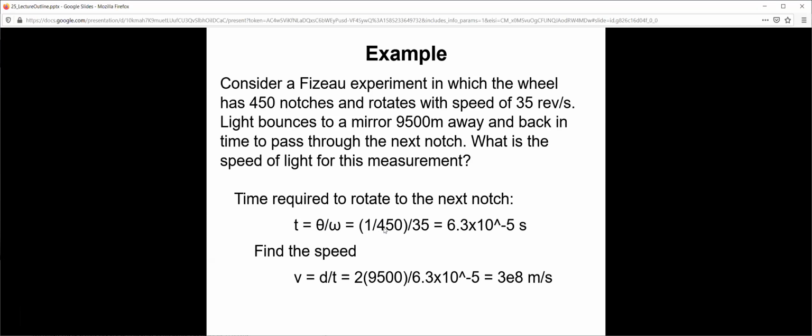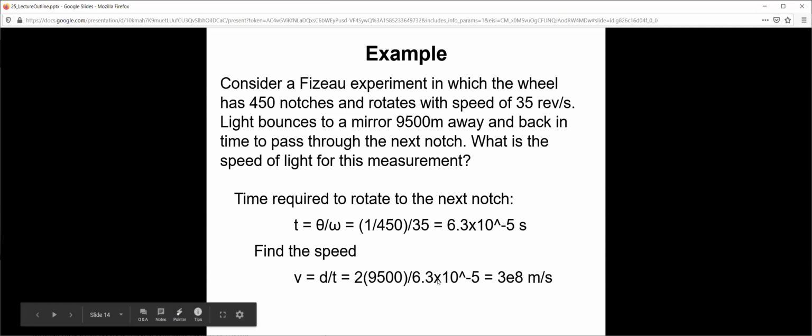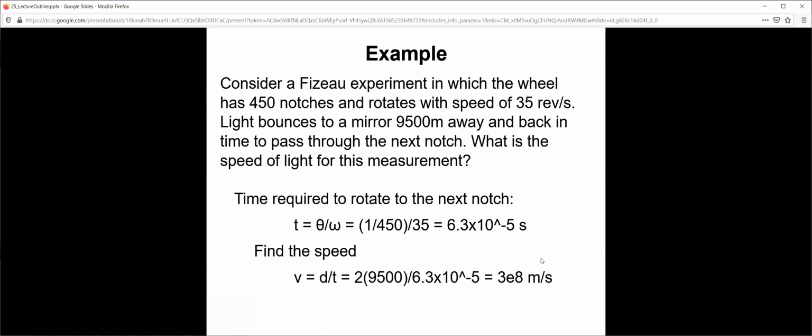This is a distance over speed to give you a time equation. And you come up with about this tiny amount of seconds as the time it takes for each notch to pass perfectly. Take the amount of time, plug it into d divided by t, and you get 3e8. And you can YouTube examples of people doing these exact experiments, getting these exact results.